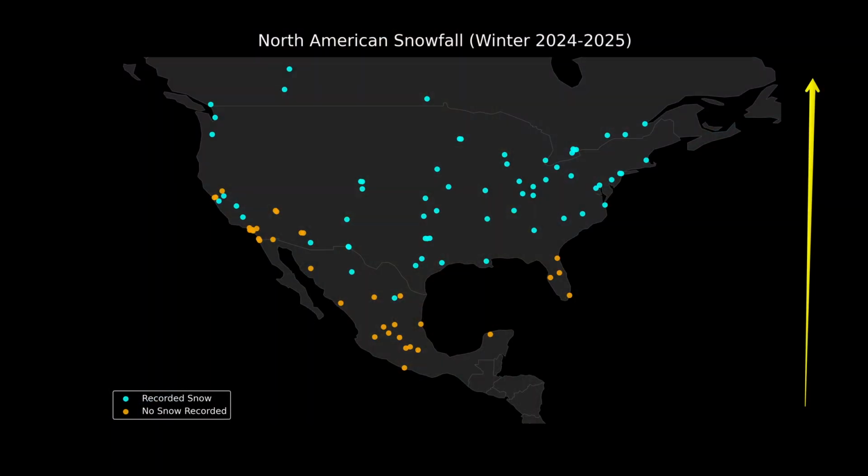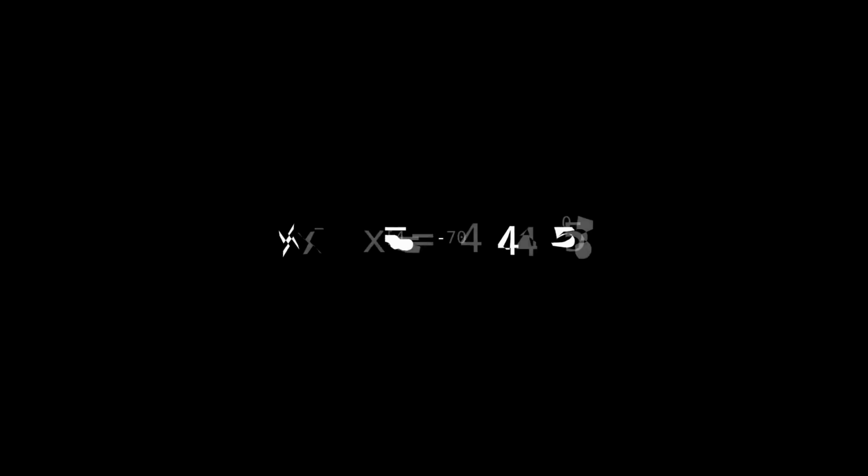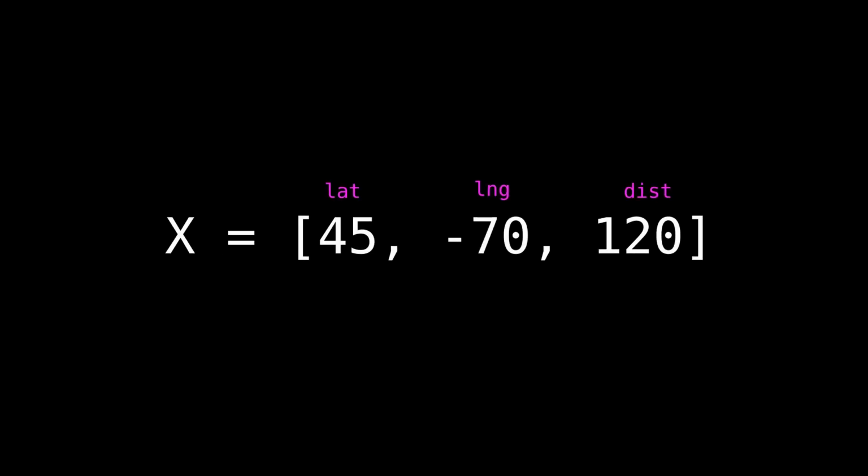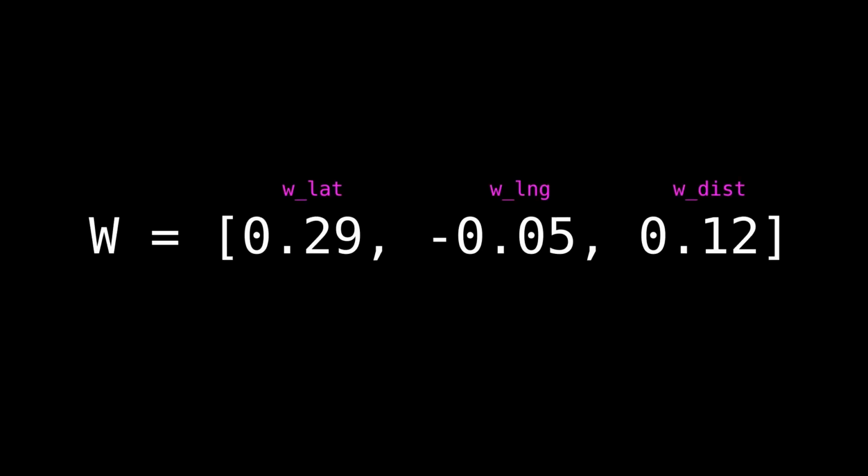In our example, there is only one parameter, it's latitude. If we want other parameters like latitude, longitude, and maybe the distance from the ocean, we can turn this into a vector, so we can combine multiple values, and learned parameters also become a matrix.